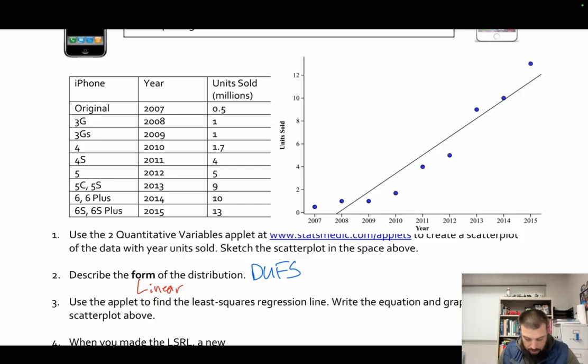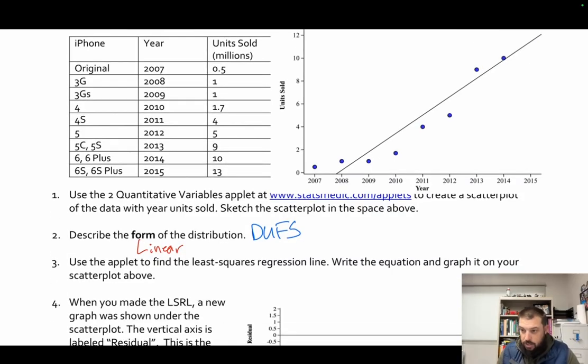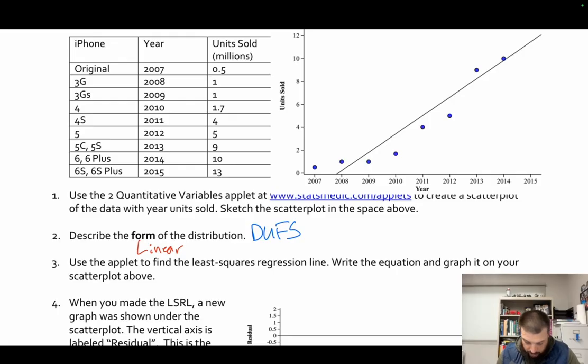And so you can see we have our least squares regression line already, and then the equation that we get from that.